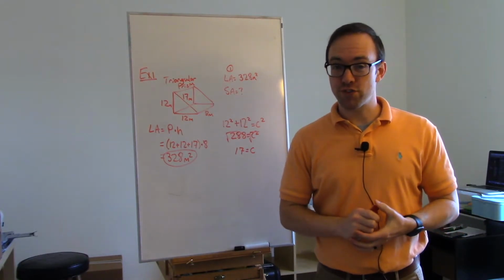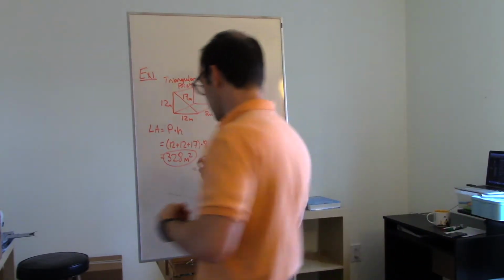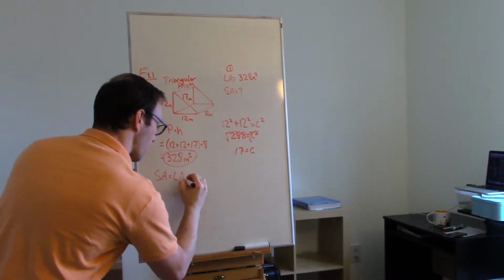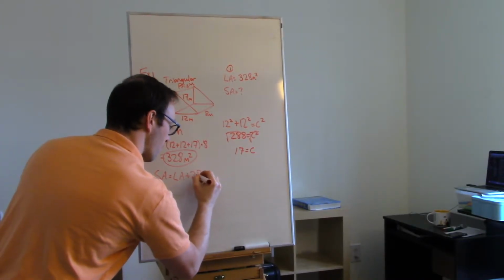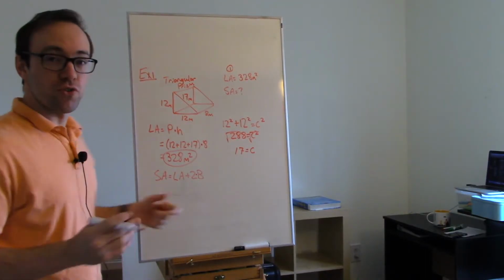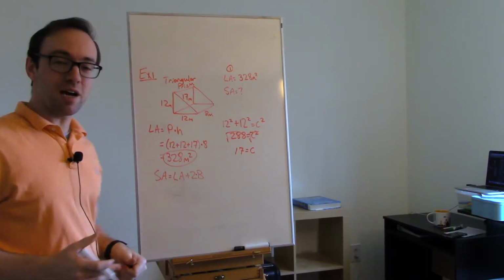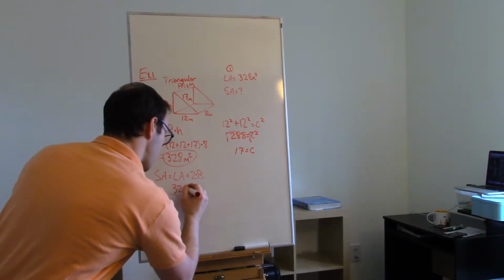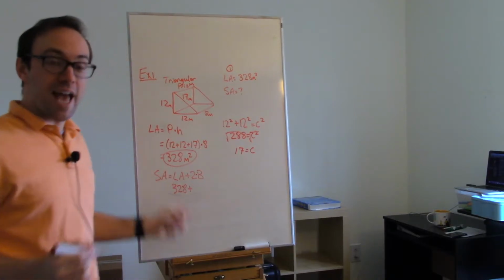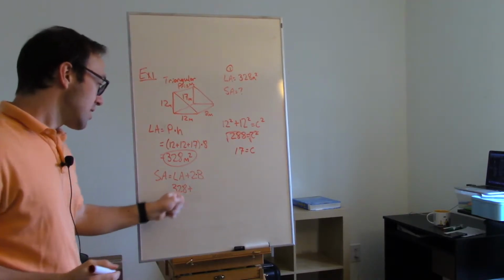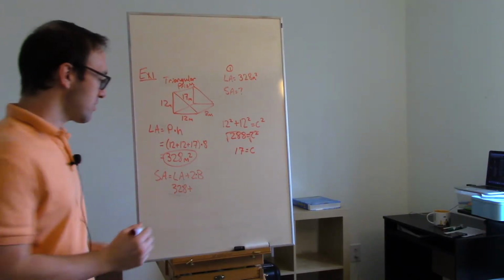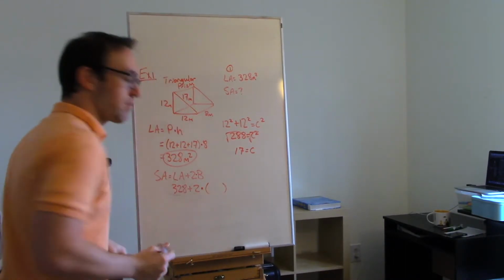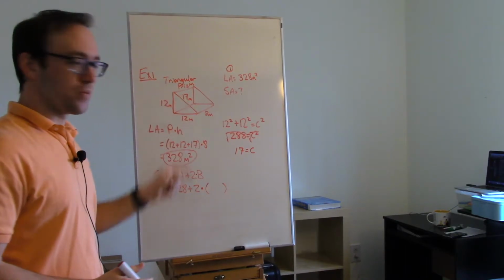Now we're ready to look at the surface area. The surface area is the lateral area plus 2 times the area of the base. We already have the lateral area of 328, so we can go ahead and plug that in, plus 2 times the area of this triangle.